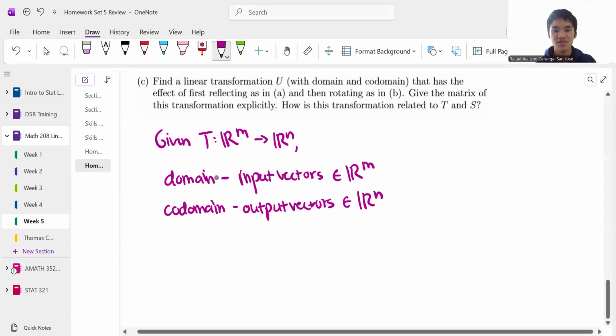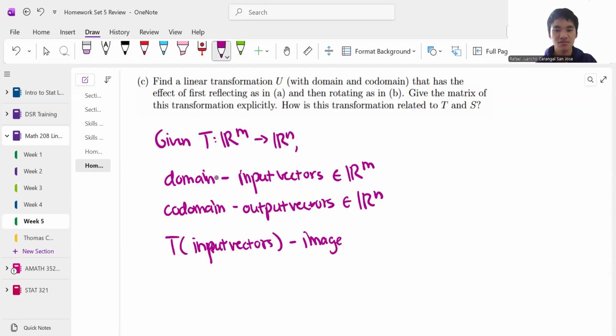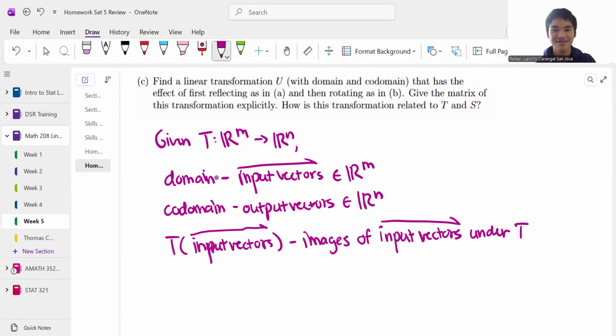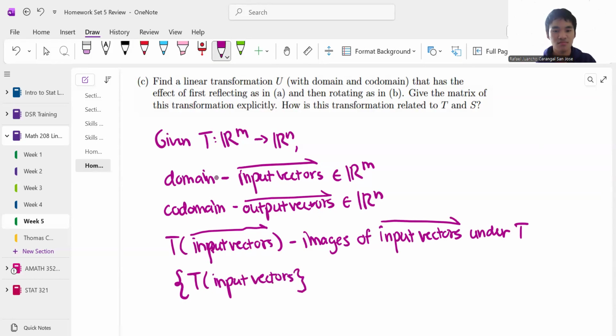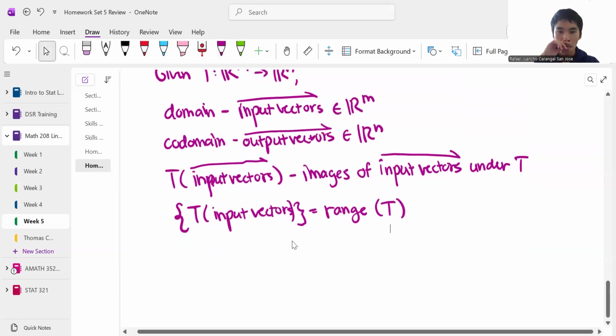Then we have T of some of these input vectors, and we call these images of input vectors under T. And then we also have the set of images of input vectors under T, and we would call this the range of T. Okay?